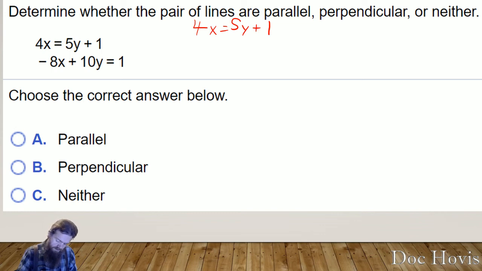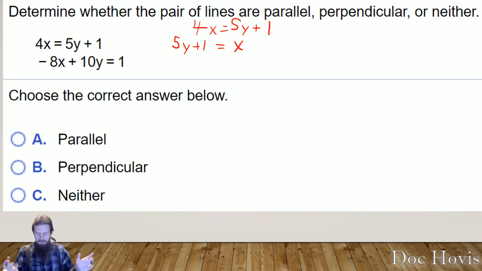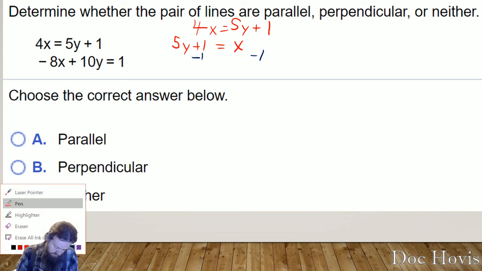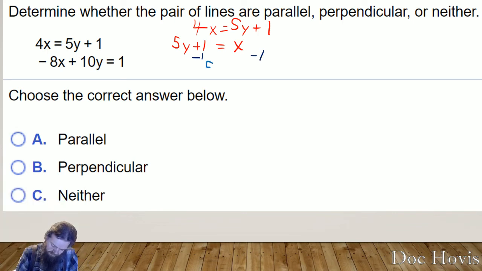We can actually switch sides, since equal signs mean you can just swap them. Then we subtract 1 from both sides. Do it whatever way you want, as long as you get the same answer. 5y is equal to x minus 1.